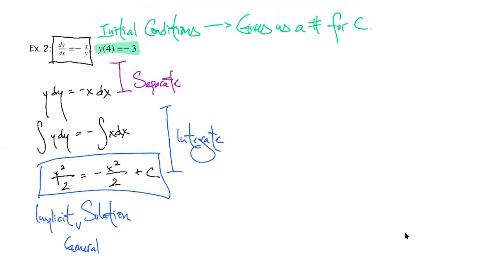And the way we're going to do that is we're going to take our initial conditions. They gave us an X value and a Y value. What X value did they give us? 4. Okay, so 4 is an X value. That means negative 3 is our Y value. So we're going to take our implicit general solution, and everywhere we see a Y, we're going to put negative 3.